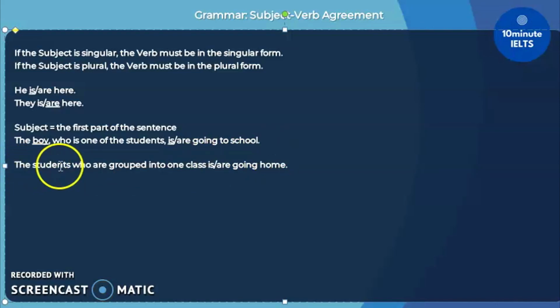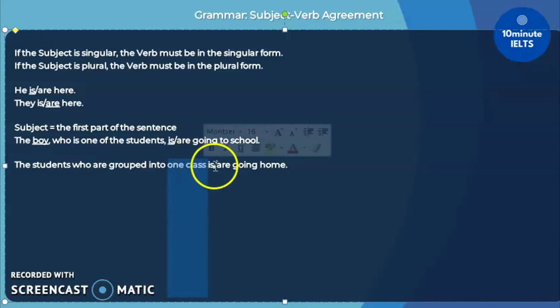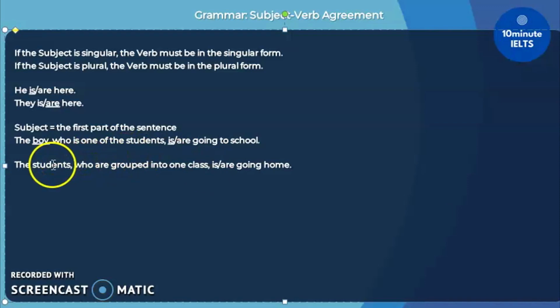The students who are grouped into one class. So take note, if we say one class, it could be one class is going home, but is one class really the subject? Is it at the beginning of the sentence? Since it's not at the beginning of the sentence, I doubt this is the actual sentence subject. And so we look at the other word or noun at the beginning, which is the students.